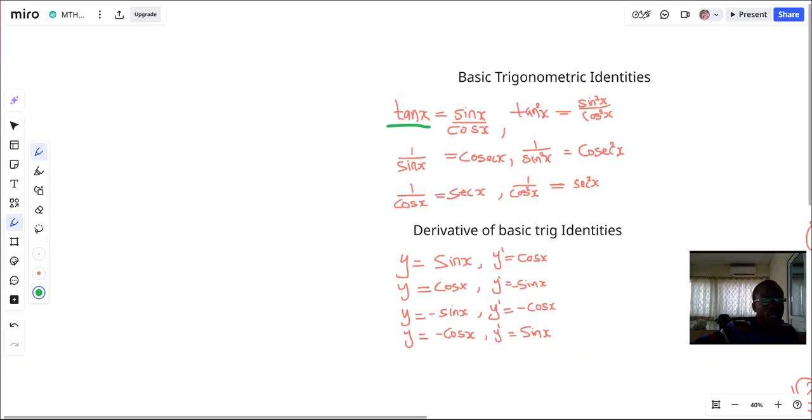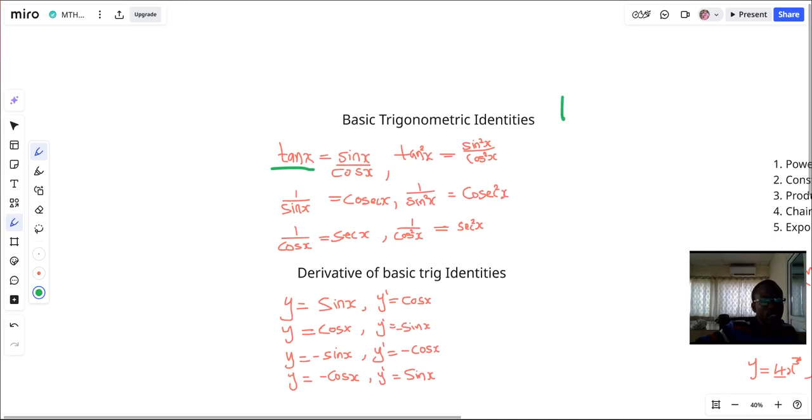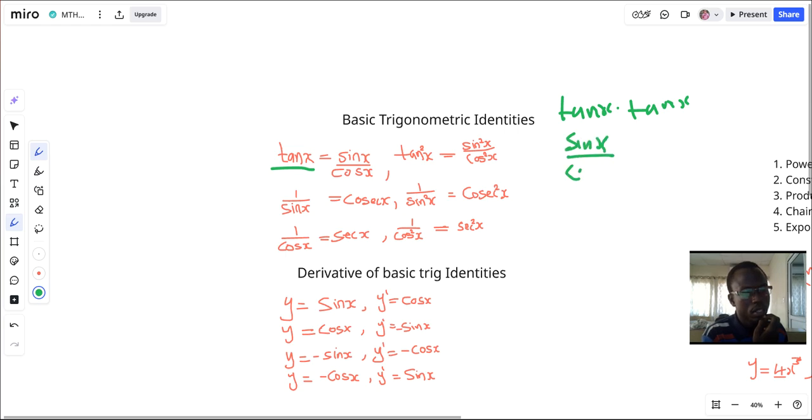Also, tan square x is the same thing as tan x times tan x. So if tan x is sin x over cos x, then tan square x is sin x over cos x times sin x over cos x.